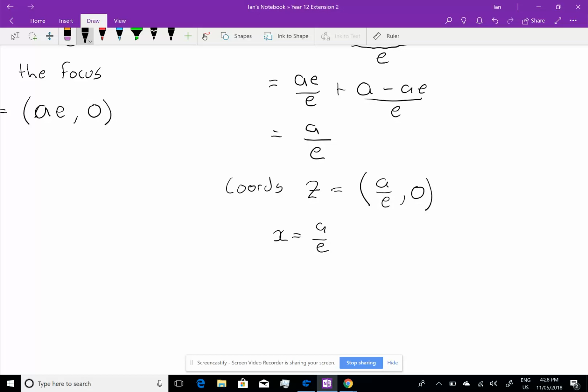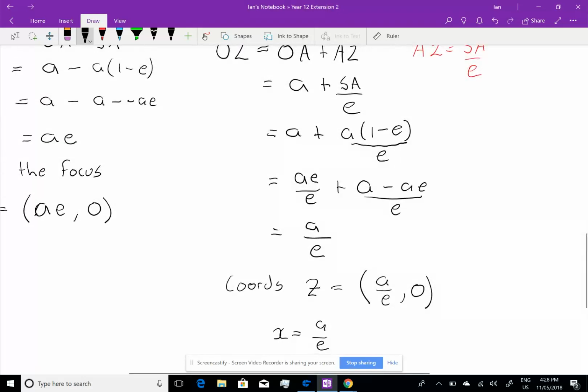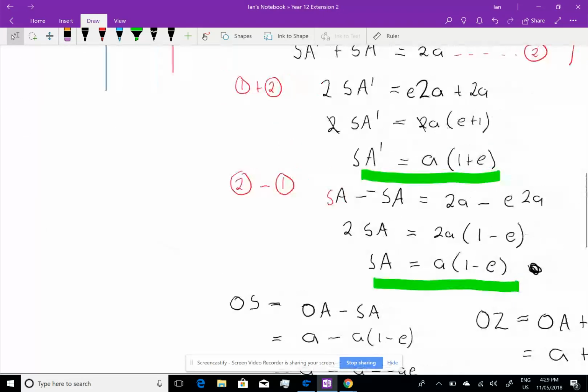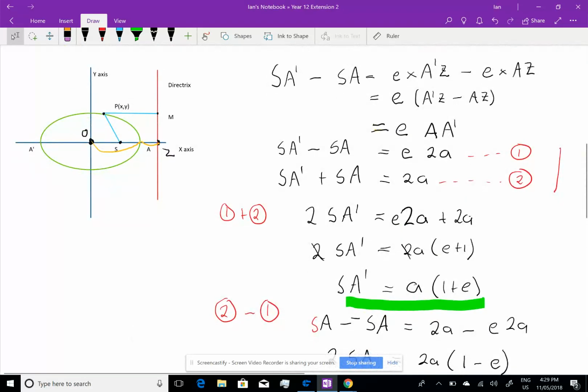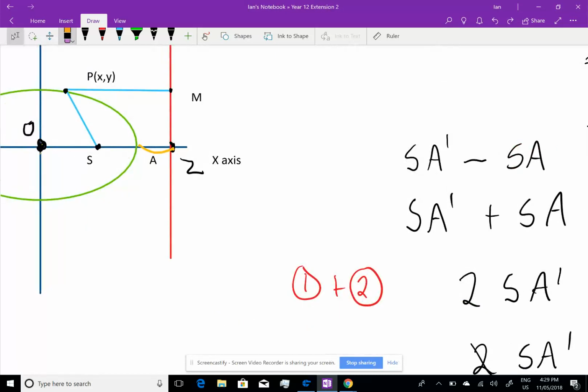Now, I want to go and find the equation, but before I go there, I need to do another neat little bit. So I'm just going to do a side note, and get rid of that little bit there.